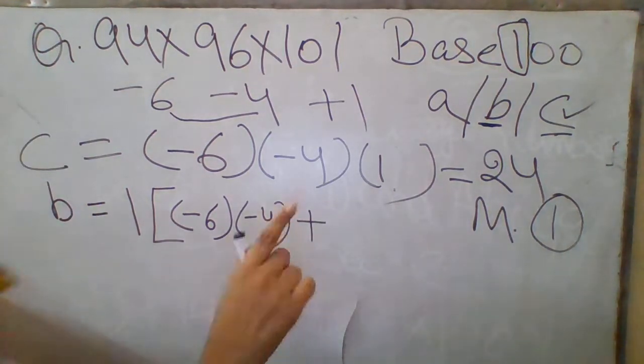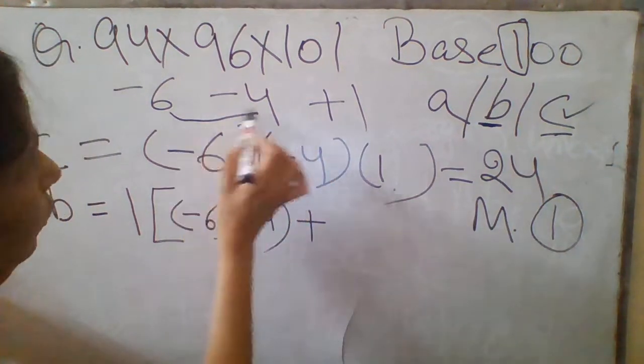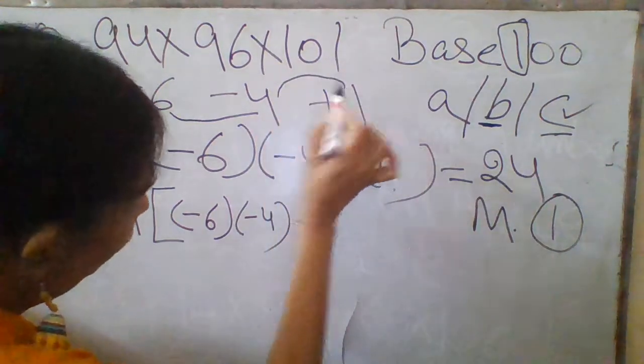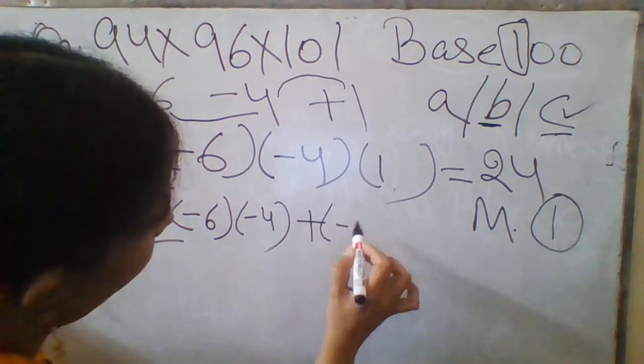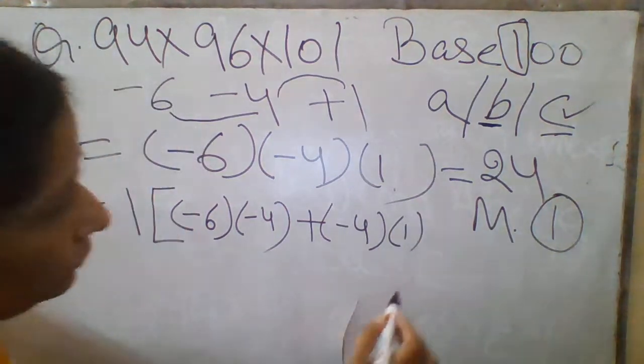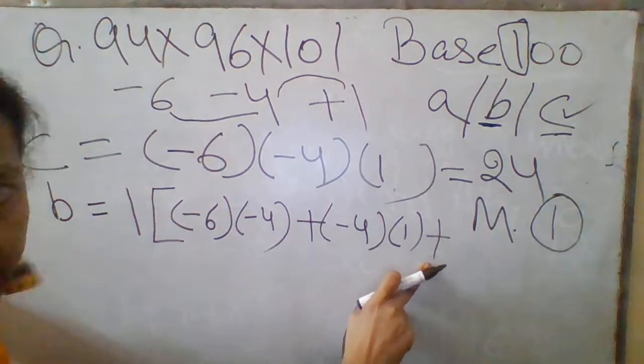Now what are the next two terms? See, this you have done, 6 multiply 4 you have done. Now what are the next two terms? 4 and 1. So in bracket -4 and in bracket +1. Okay, then after that the sign of addition.